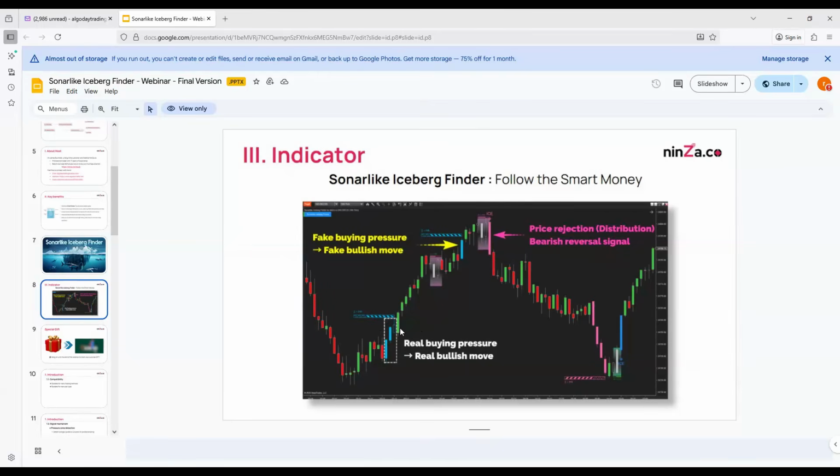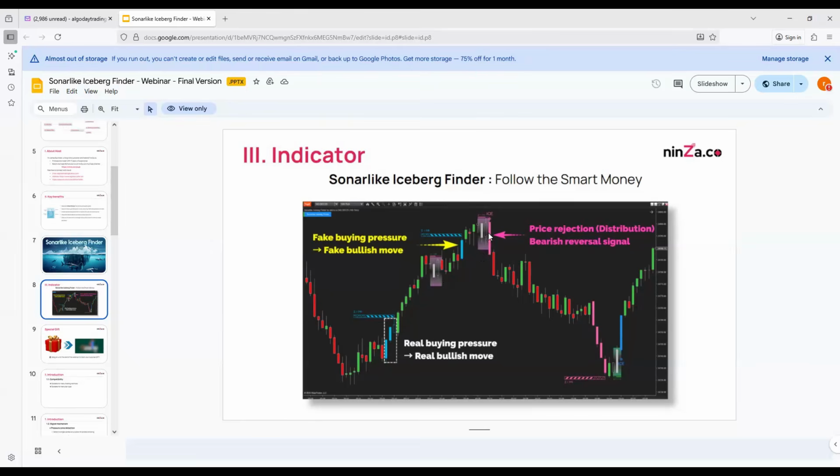Then it waits for things to calm down and start consolidating, and it measures what happens in these areas. It's interesting, because we're going to see a very similar thing in a live chart from today.